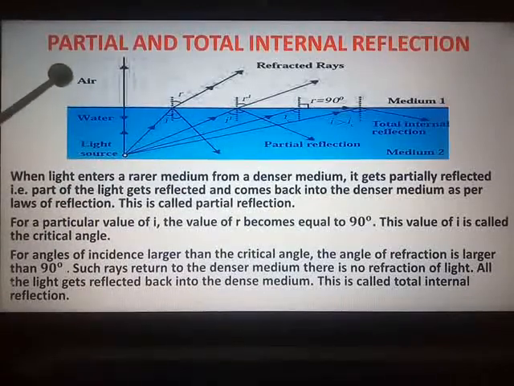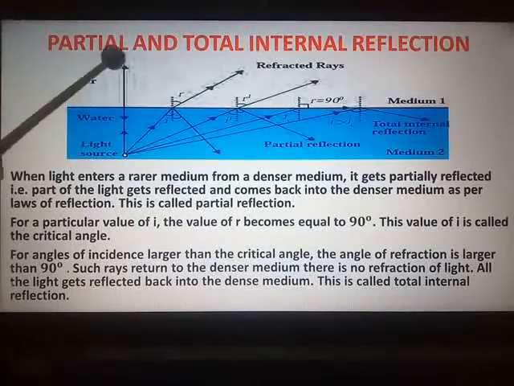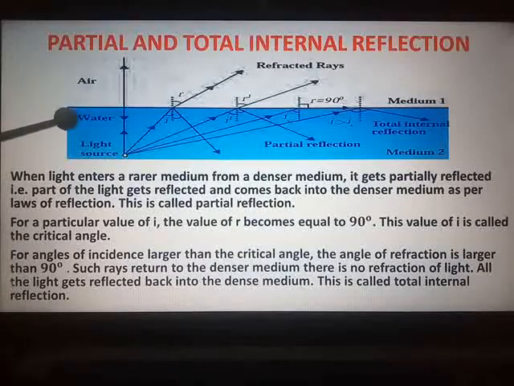Different media are shown, air, and these light rays are entering from the air into the other medium, that is water. So the first topic here is partial and total internal reflection. The word itself tells you partial means some part of the light gets reflected, and let us see about total, how the entire light rays get reflected.